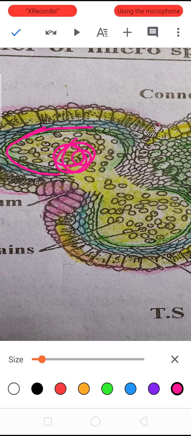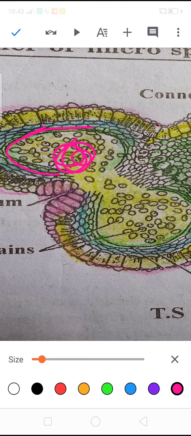These tapetal cells are useful in the nutrition of microspores. The tapetum cells provide nutrients to the developing microspores. The tapetal cells have dense cytoplasm and large nucleus.